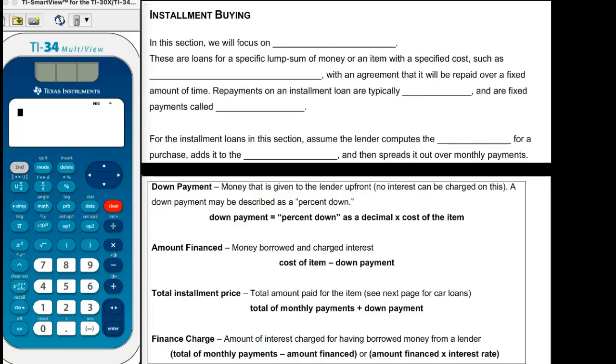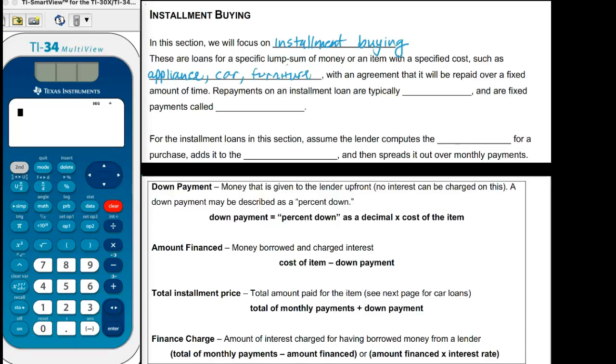In this video, we're going to focus on installment buying. That refers to the situation where an individual wants to either borrow a lump sum of money or buy an item that has a specified cost, such as an expensive appliance like a large refrigerator, or perhaps a car, or some furniture.